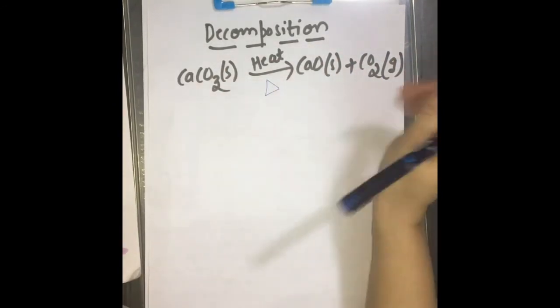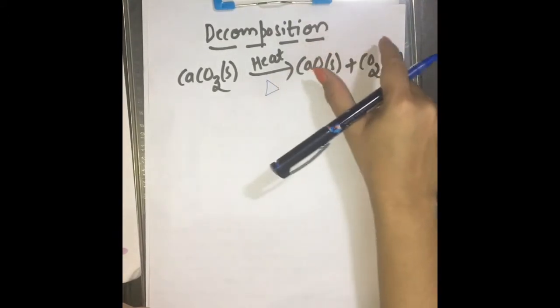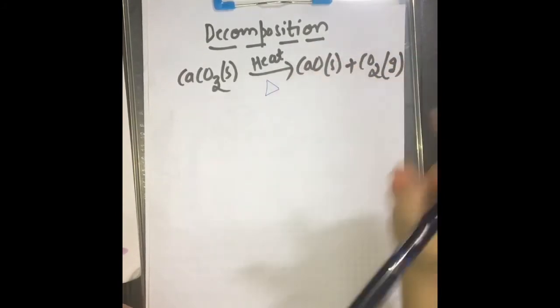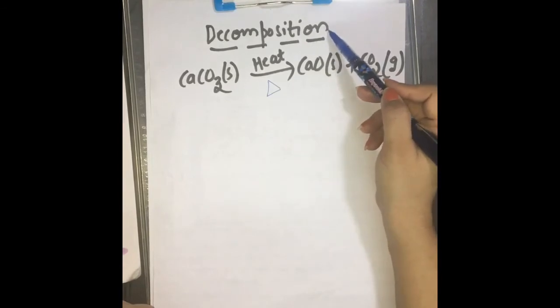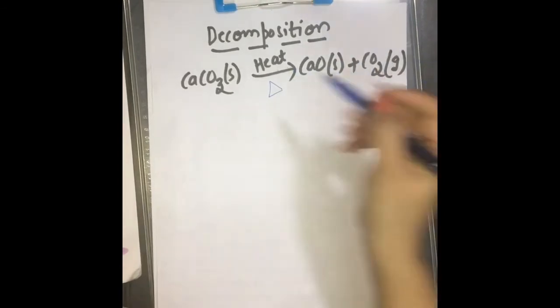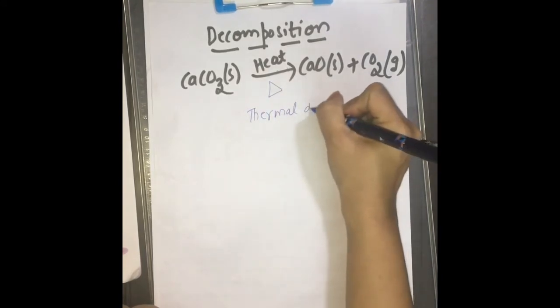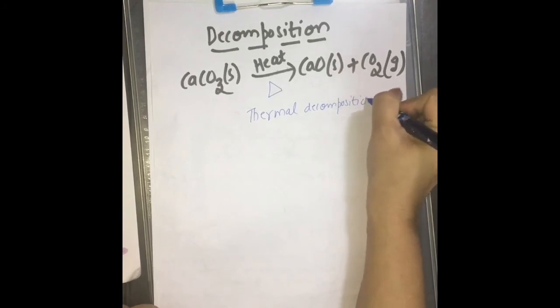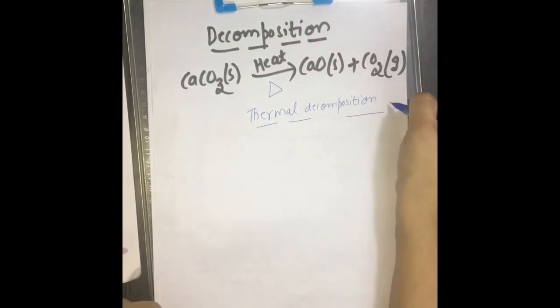So we can also say decomposition reactions are the opposite of combination reactions that we covered earlier. Now in this particular reaction, the decomposition is brought about with the help of heat. So it is called thermal decomposition reaction, which is carried out by heat, or you can also call it thermolysis.